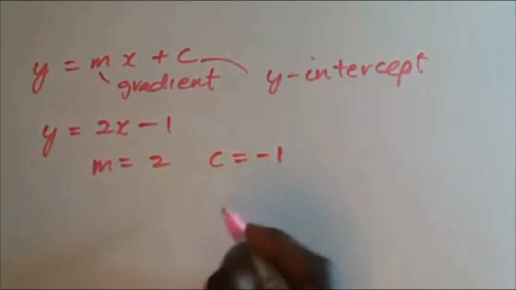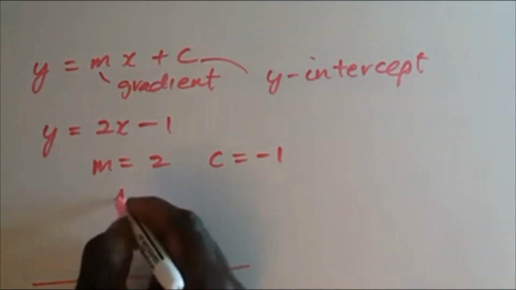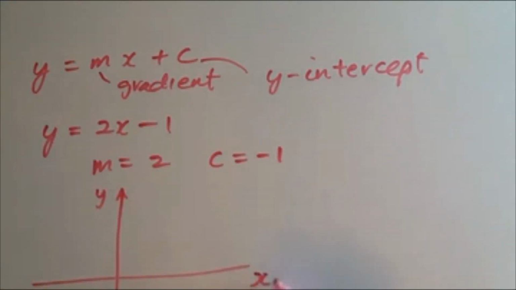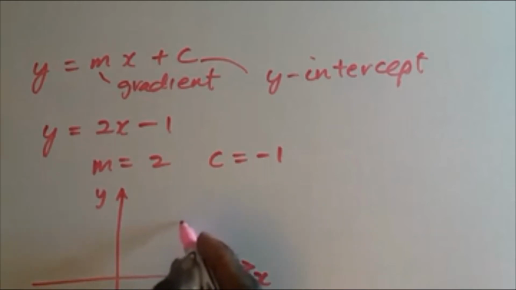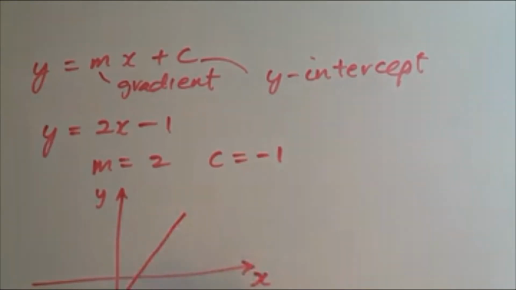So on the graph, we know this is the y-axis, this is the x-axis. We know our gradient is 2. That's the slope of the line. And the y-intercept is -1. So let's call this -1. And it's a positive gradient, so this is an illustration of what the graph would look like.